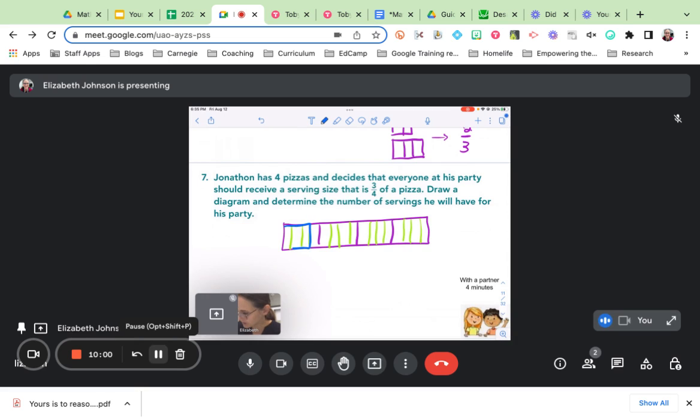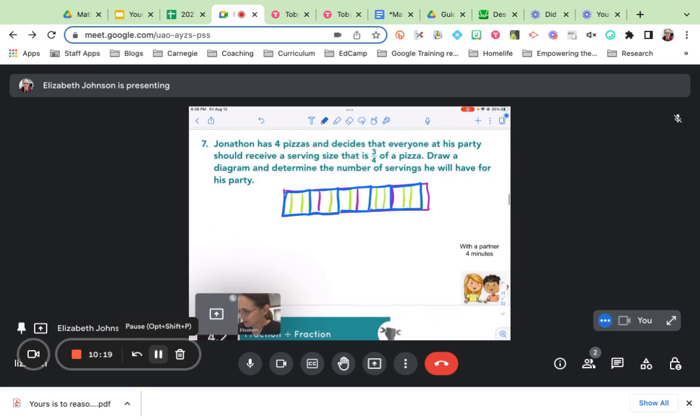There's a serving. There's a serving. There's a serving. There's another serving. There's another serving. And we have this little bit left over here. So how many servings does Jonathan have? If you said 5 1/3, you're right. He has 5 1/3 servings of pizza.